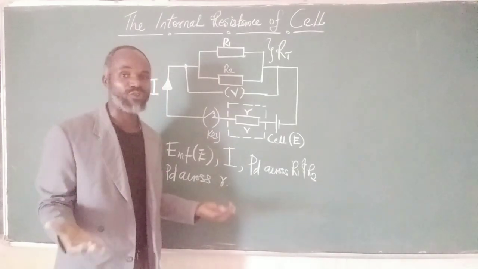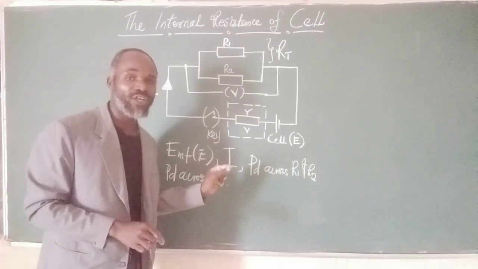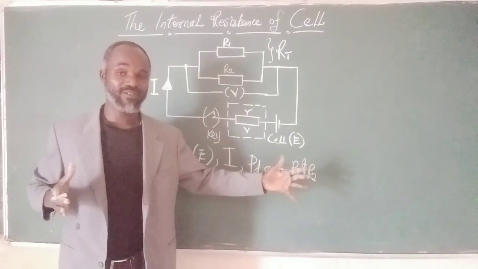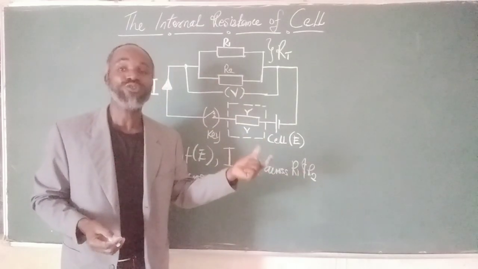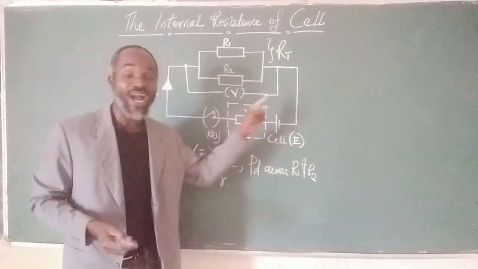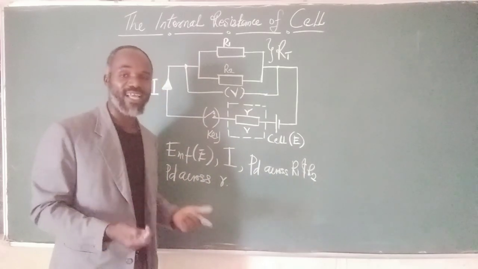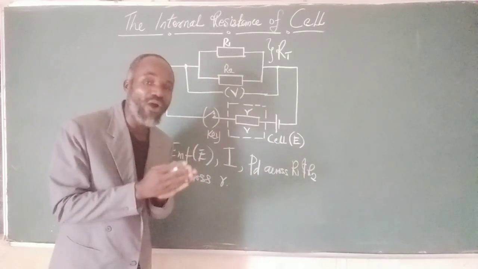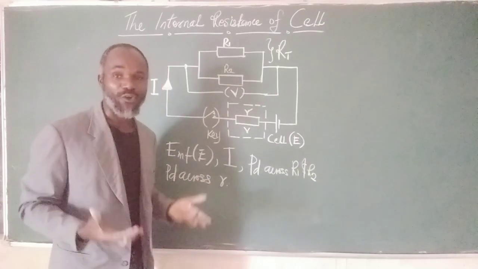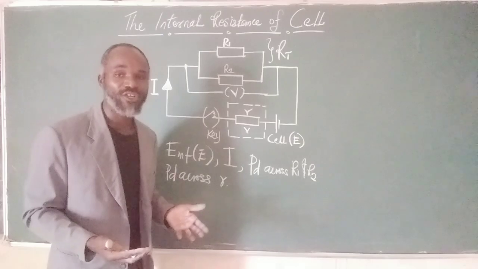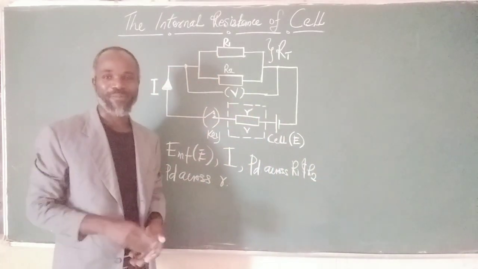So in summary, if the internal resistance of the cell is large, a small amount of current is allowed to flow to the external circuits. However, if the internal resistance of the cell is very small, it means that a large amount of current is supplied to the external circuit. That's the summary of what I'm trying to say.